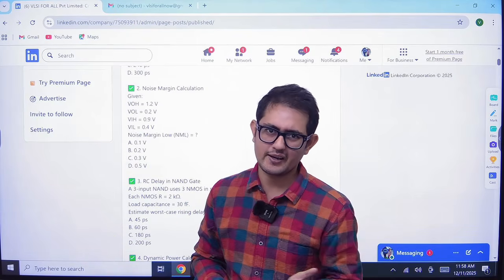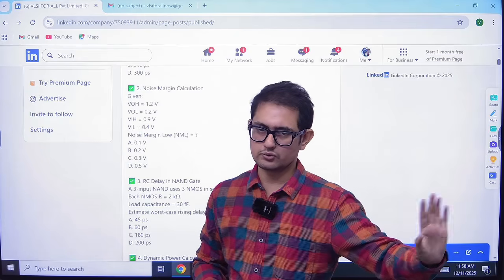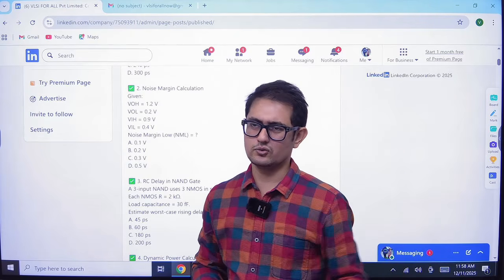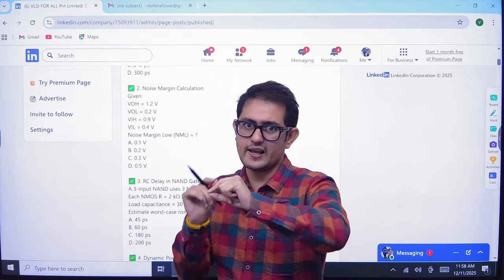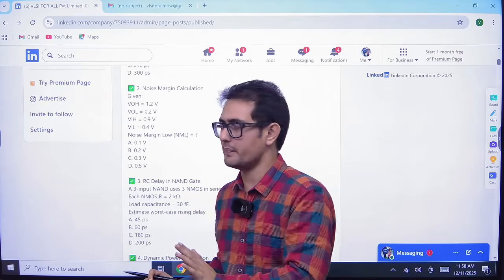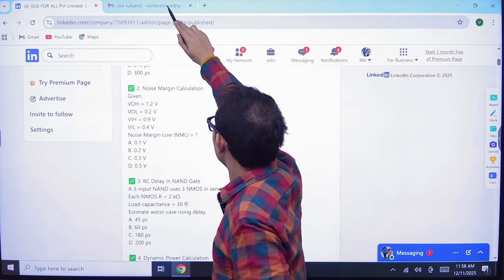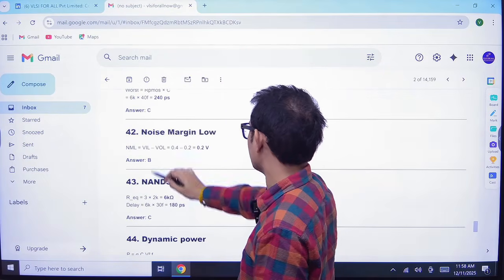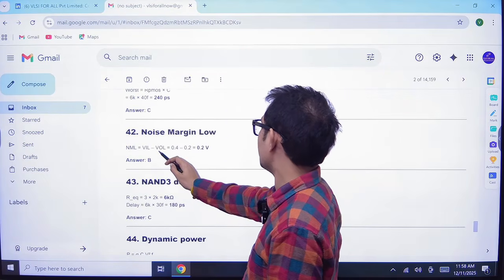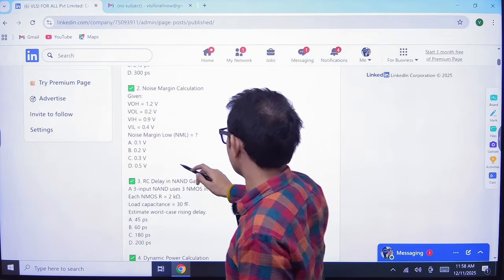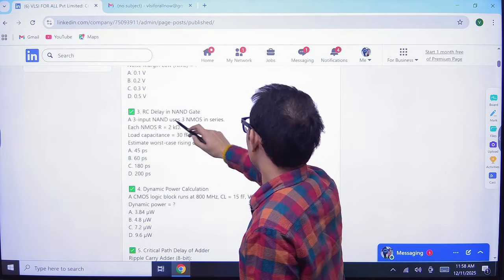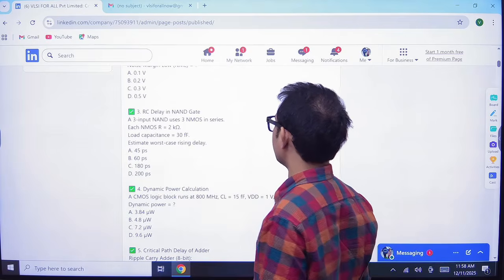But if you are dragging that to that side, they will ask this question, right? Generally they don't ask noise margin in the interview, but in the test they will ask the formula. There is a diagram also of noise margin that you have to remember, right? So the formula for this is VIL minus VOL, 0.4 minus, this is a direct formula based question. B is the answer.